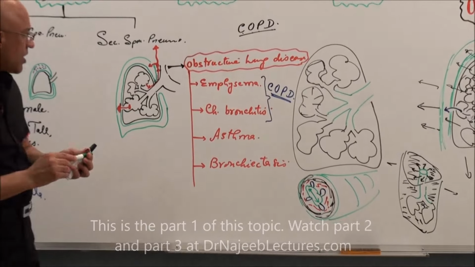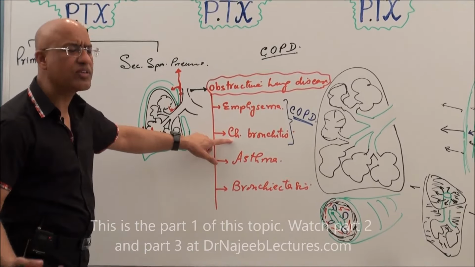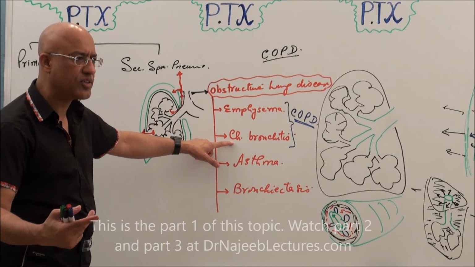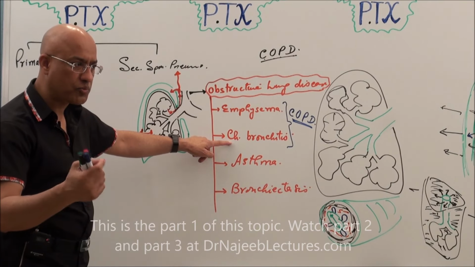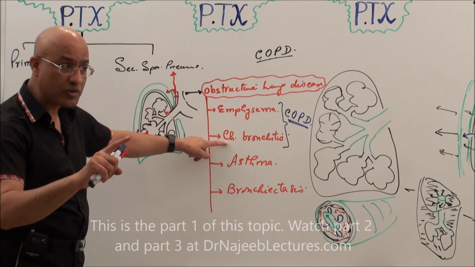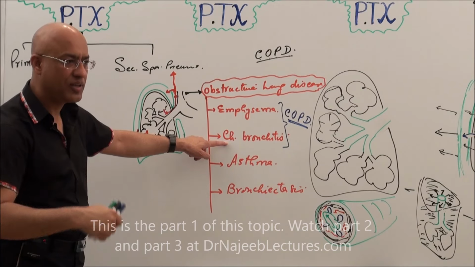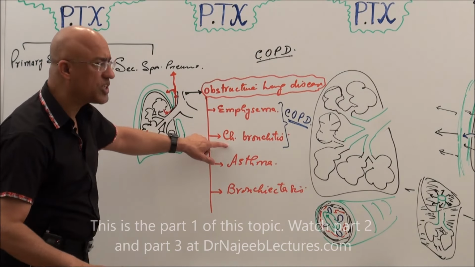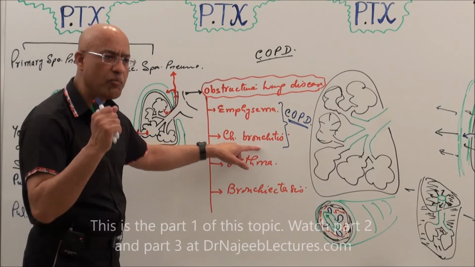Now imagine, I will talk about emphysema later. In chronic bronchitis, what is the underlying problem? Even though it is diagnosed clinically by persistent cough more than 3 months with sputum production, in 2 consecutive years without any other explanation of the clinical features, I will not go into detail. We will have a full lecture on chronic bronchitis in thorough detail.